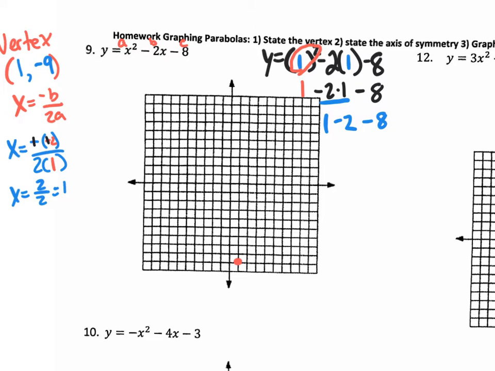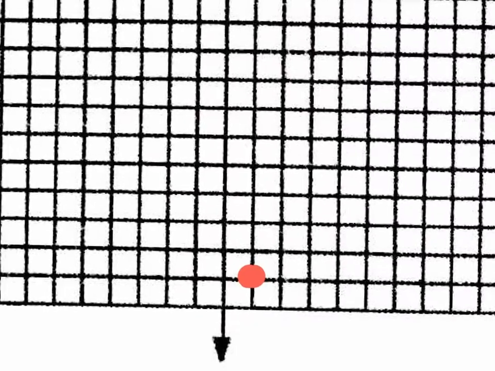The very next thing to do after you graph your vertex is to draw the axis of symmetry right through it. So I'm zooming in a bit. I'm going to do a dotted line vertically right through that vertex, all the way through the graph.